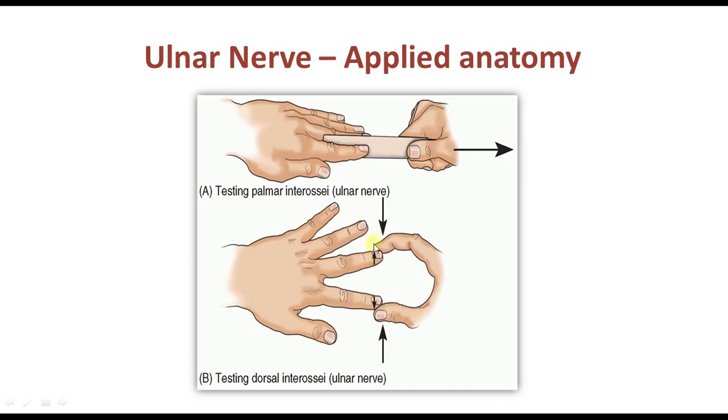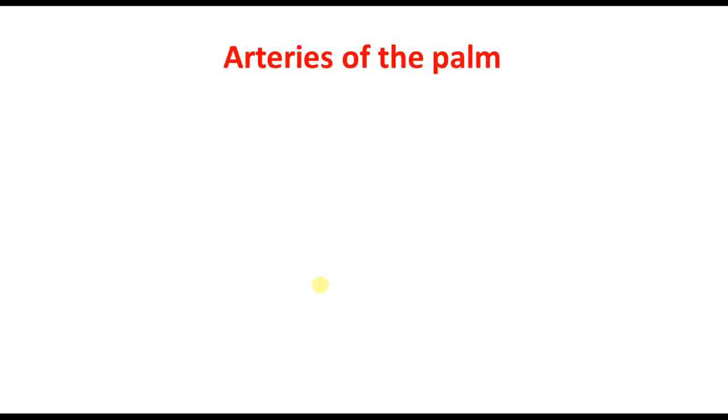Middle finger has to be abducted, or you can also test the dorsal interosseae. You try to abduct your hand against resistance. When somebody is trying to adduct, you resist it by abduction. So that shows how powerful your dorsal interosseae are. So this is another test to prove that.